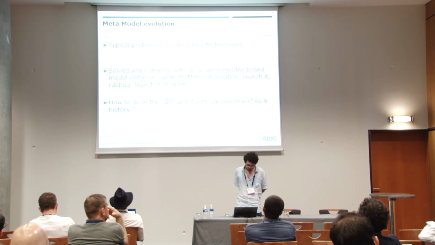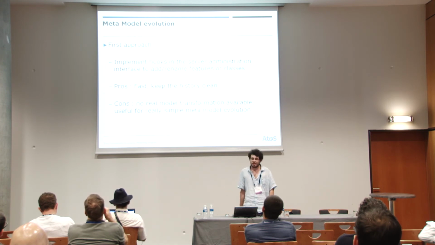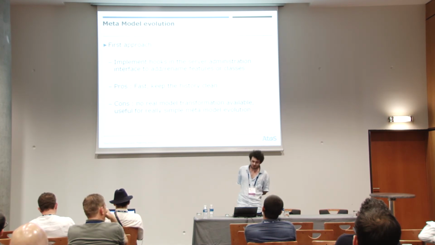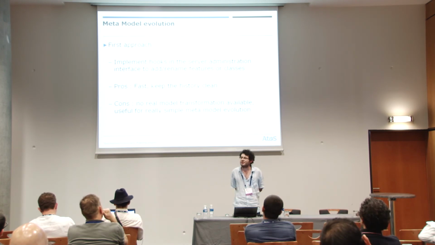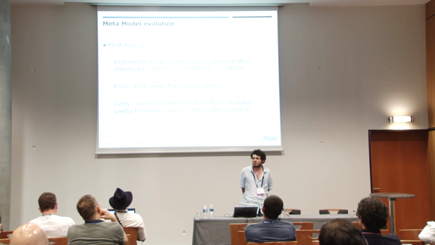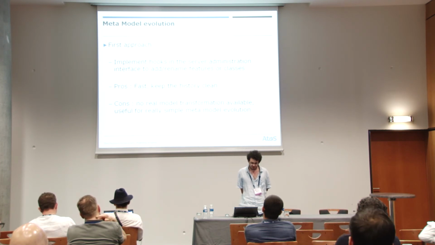So the first thing we tried, with a very simple modification like adding a feature or modifying the name of the feature, is to implement hooks on the server side that directly deal with the database abstraction and the mapping. Basically, it renames the SQL column, for example, or adds an SQL column when you add a feature to Eclipse.